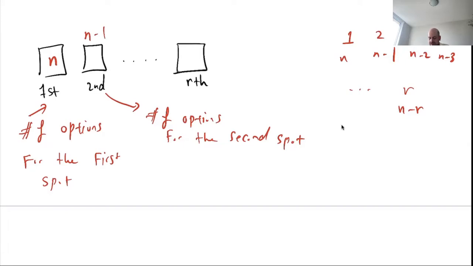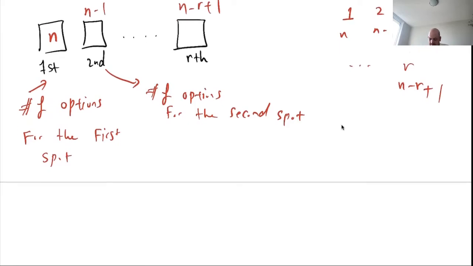For the Rth position it's N minus R plus 1 options for the Rth spot.